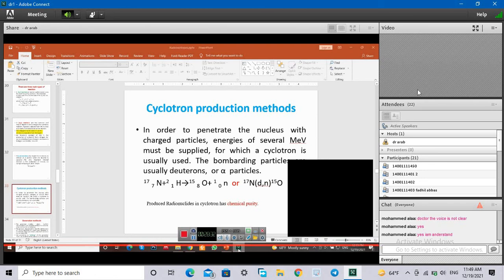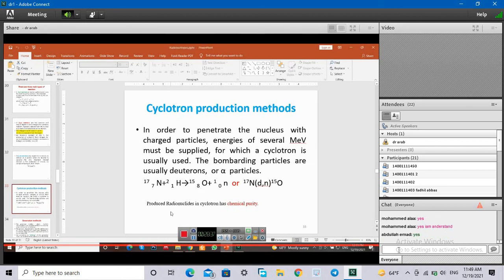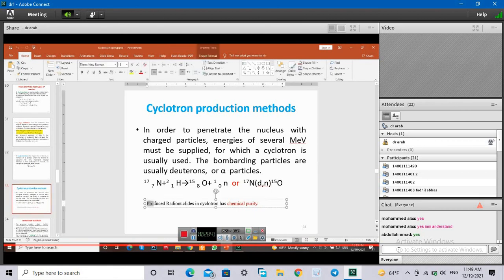Yes, that's very good. Again, here it says that radionuclides produced in a cyclotron have chemical purity, such as fission reactions, such as the n,alpha and n,proton reactions that occur in the reactor.